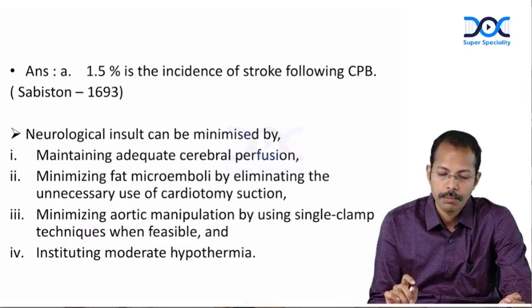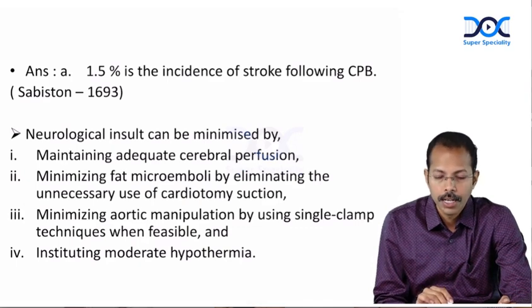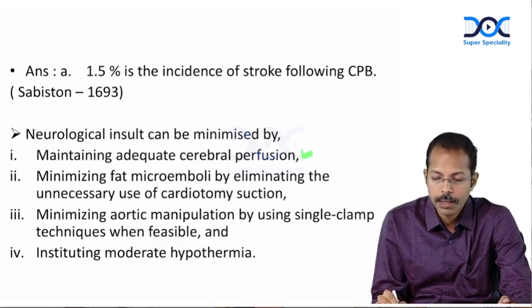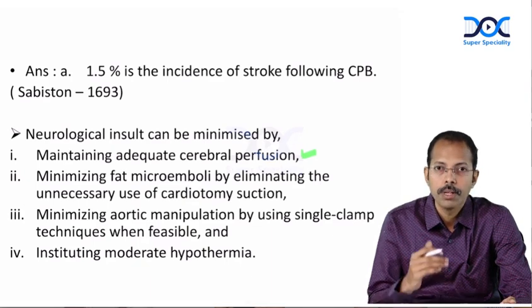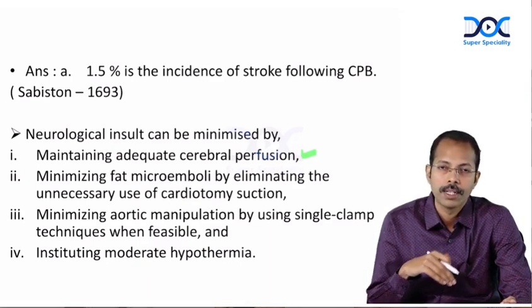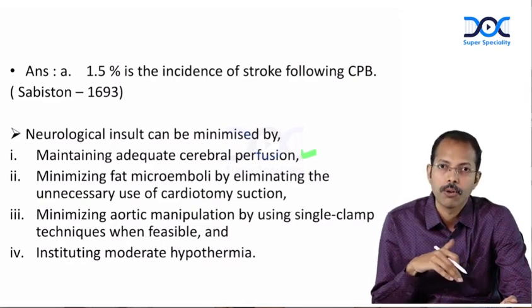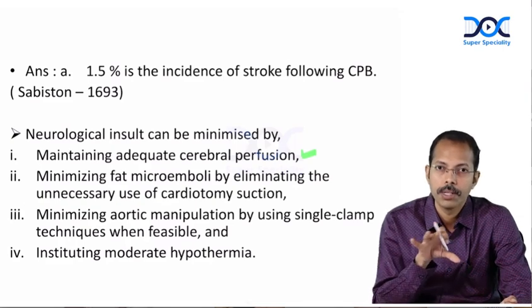How can that be minimized? We can minimize that by maintaining adequate cerebral perfusion in the heart lung machine, and we can also minimize fat embolism. Since we open the pericardium, there may definitely be fat deposits from the myocardial fat and all, which could be mixed with the blood.